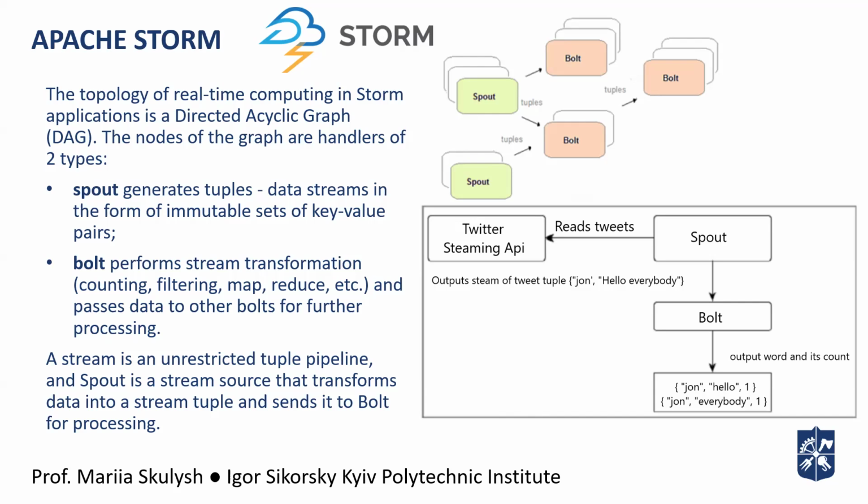So this system is flexible. It can process a huge amount of information. You can use, for example, different virtual machines. You can place them somewhere, in different data centers.